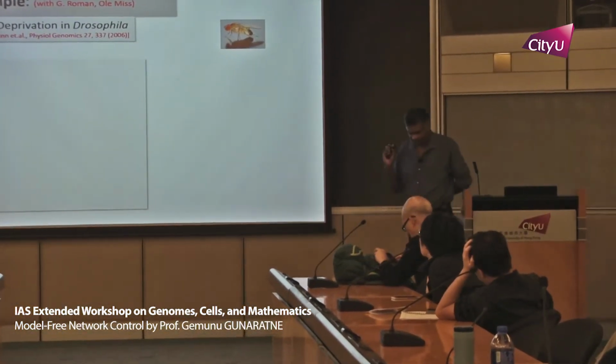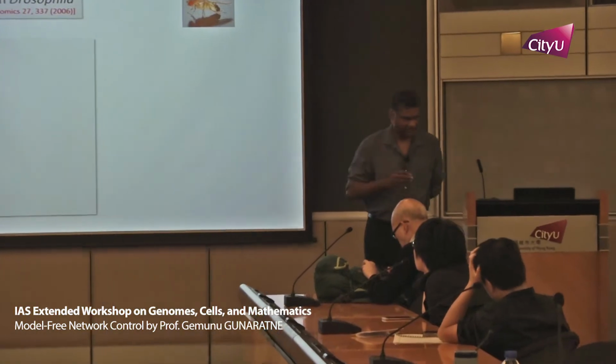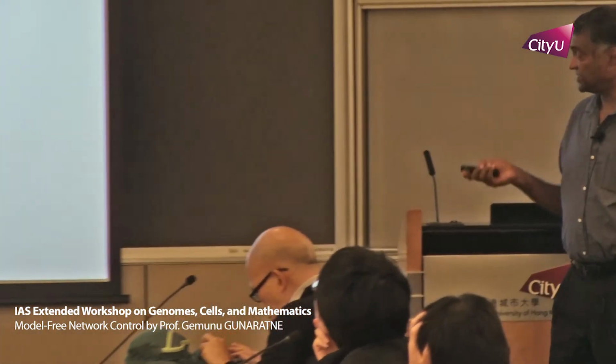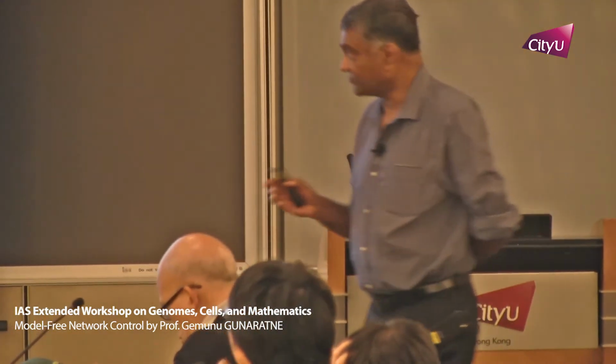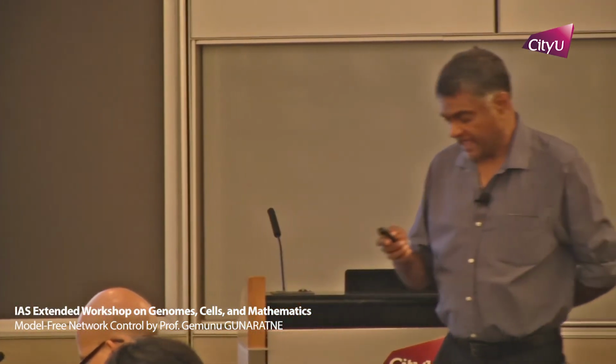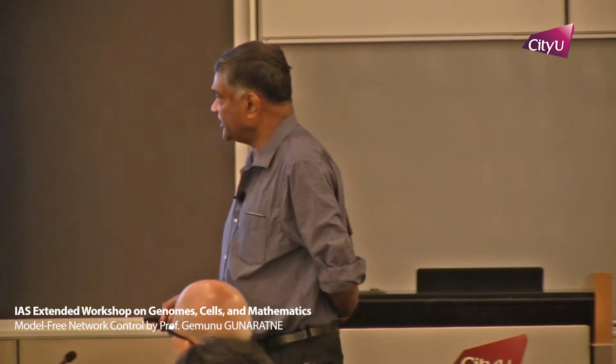So here's an example. I talked about cancer and addiction, but the experiment we are initially proposing is not that complicated. It's sleep deprivation in Drosophila. Drosophila are the fruit flies. And so the experiment is this.